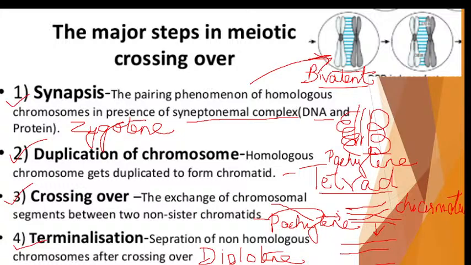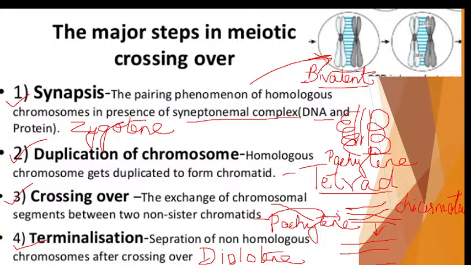That's known as terminalization. So the non-sister chromatids separate from each other from the centromere towards the terminal ends like a zip. Then the disassembly of the synaptonemal complex takes place.